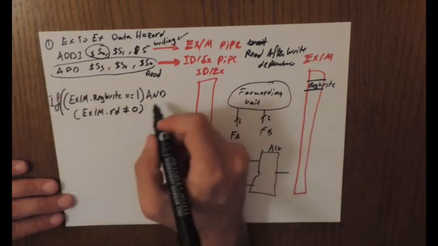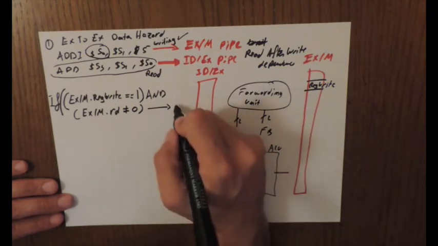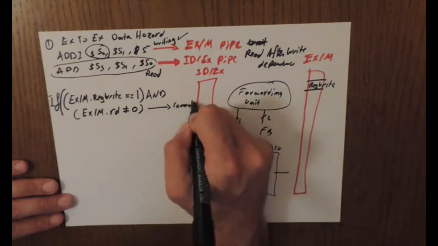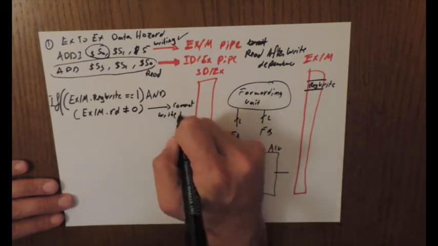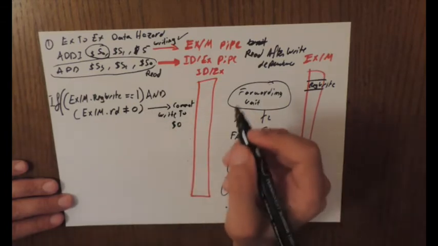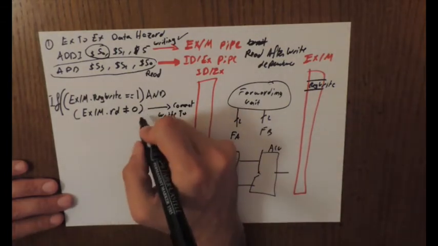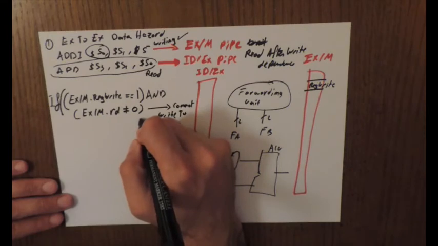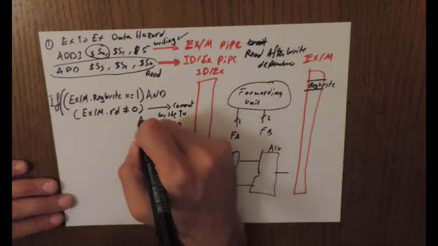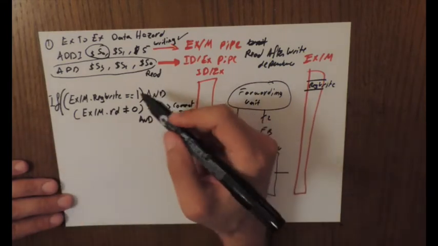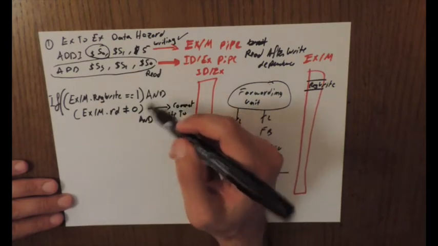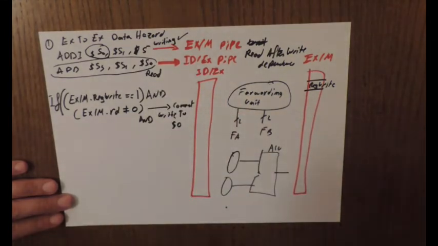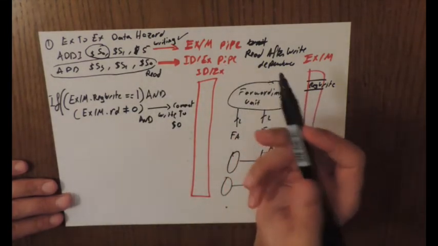This tells me that we cannot write to $0, the first register. And I'm going to write the and. So I have a write, and it's not to $0.